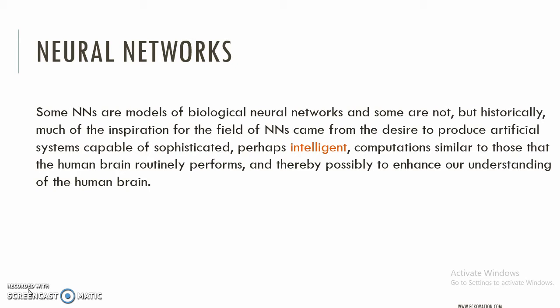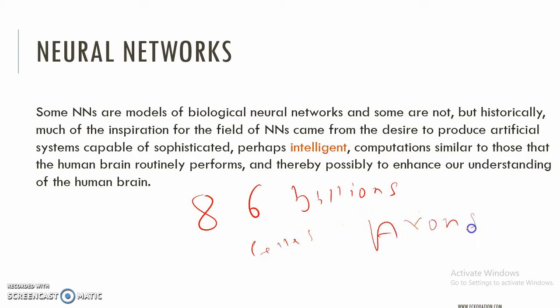We have to understand that the human brain is composed of 86 billion nerve cells, and these nerve cells are called neurons. Basically they are connected to other 1000 cells through axons.